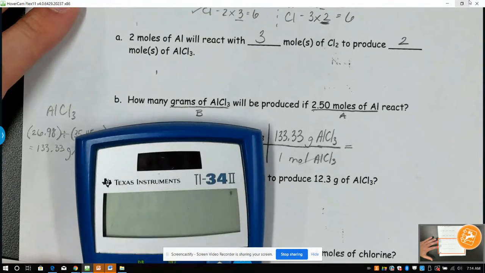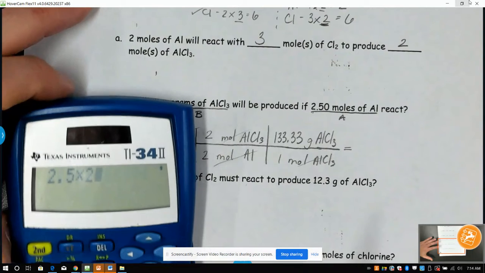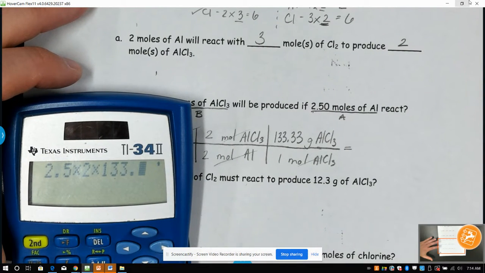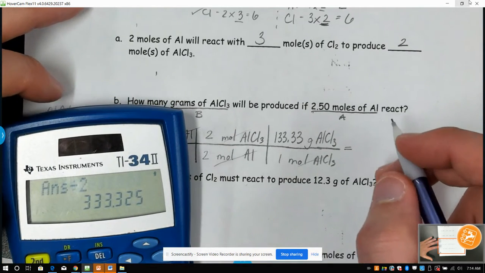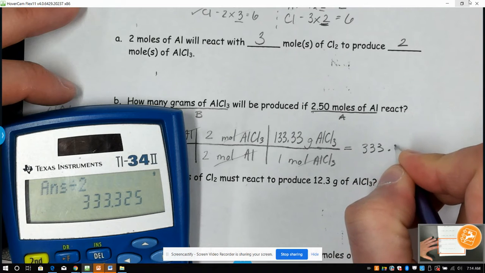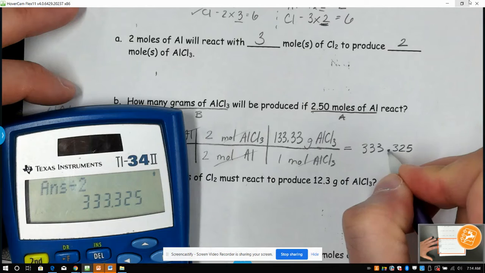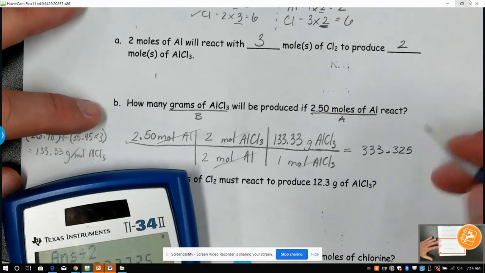So we're going to take our 2.5 times 2 times 133.33, and then divide that by 2, because that was what was on bottom. And we should get an answer of 333.325. And the unit, the only one that wasn't canceled out, grams.